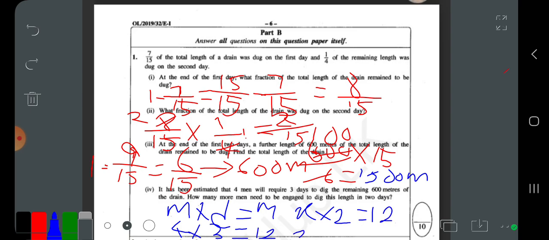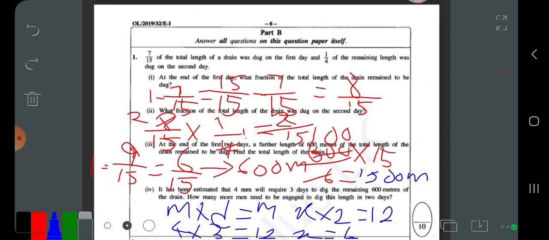So x will be, since multiplying, it goes to that side and divides. So 6. So to complete this task within 2 days we need 6 men.